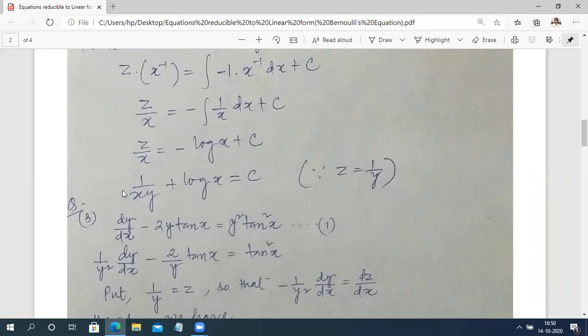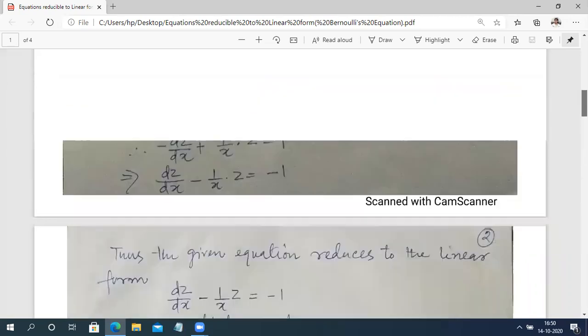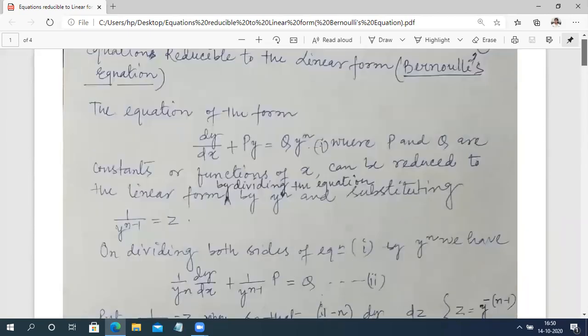So what is the working rule to solve the Bernoulli equation? First, I am repeating, you just divide the whole Bernoulli equation by y to the power n, the coefficient of q.